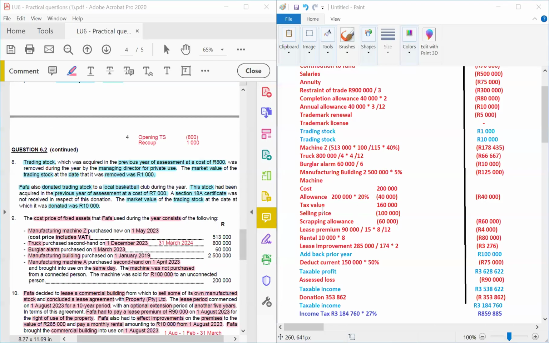So now we needed to get the value. Why do we need the value? So that we can compare it to the selling price. If you sell for more than the value, you would make a profit, but if you sell for less than the value, then you'd make a loss. And in tax, we call this a scrapping allowance. That's why we include it here as a 60,000 scrapping allowance.